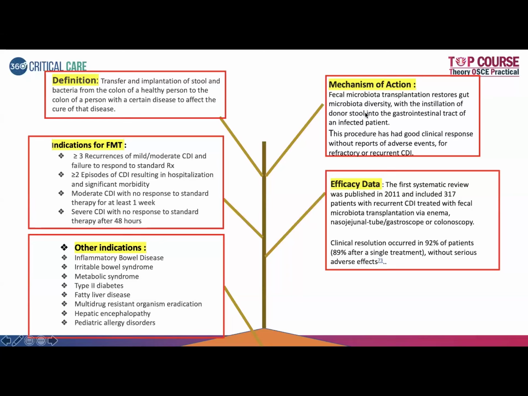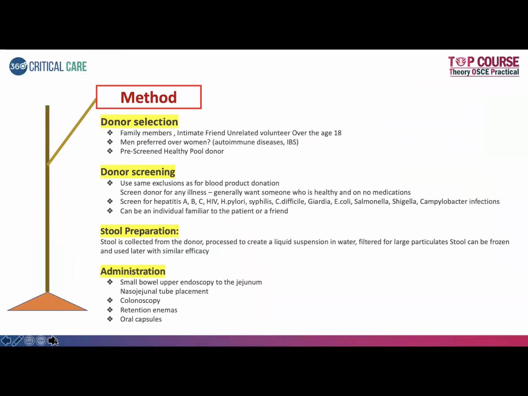The mechanism is that fecal microbiota transplant restores the microbiota of the intestine by installation of donor stool into the gastrointestinal tract. It normally has a good clinical response to refractory and recurrent C. diff. The evidence comes from a systematic review published in 2011 for recurrent C. diff infection, and clinical resolution was found in 92% of the patients without any significant side effects.